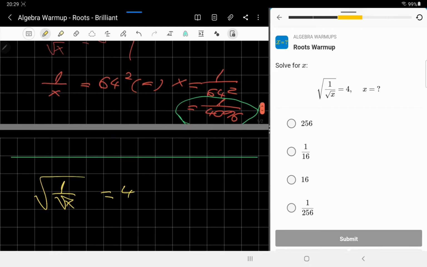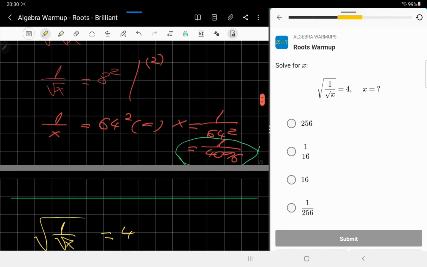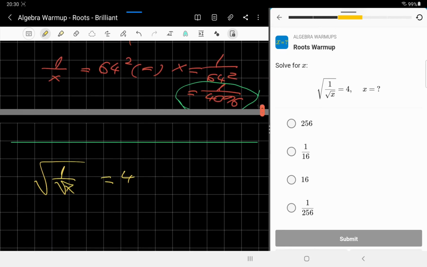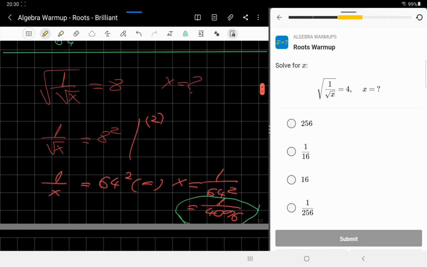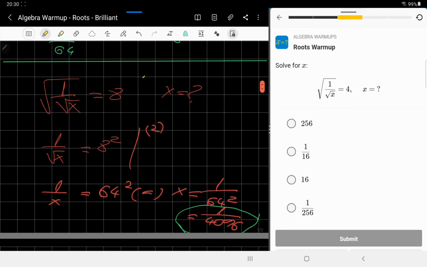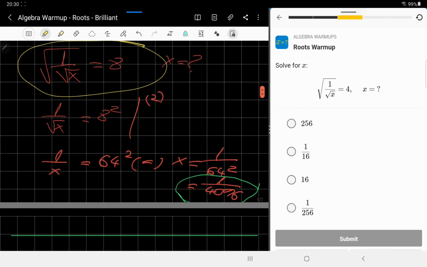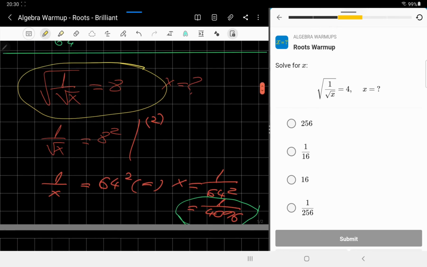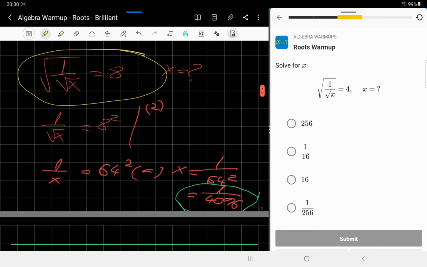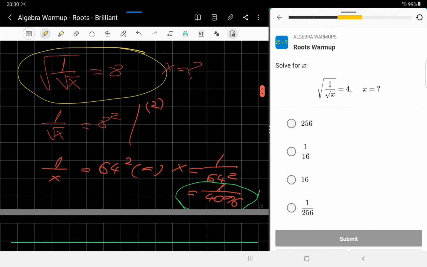In this case, we can infer what it would be. If it equals 8, x would be 64 squared, so 8 to the power of 2 to the power of 2.